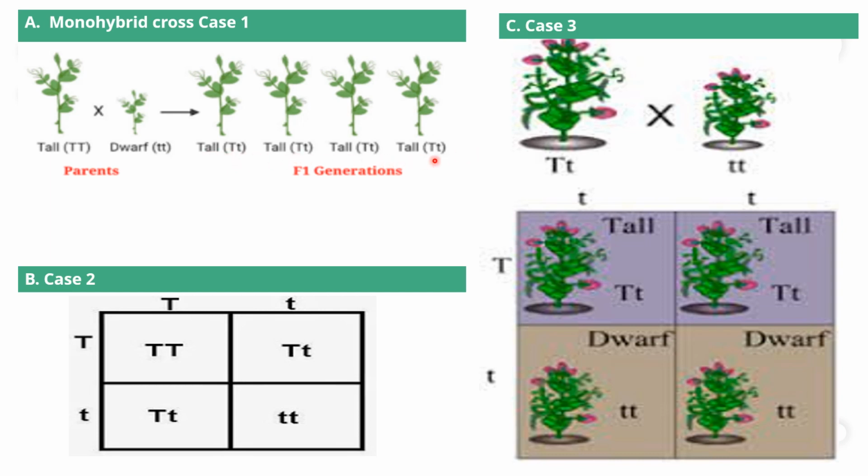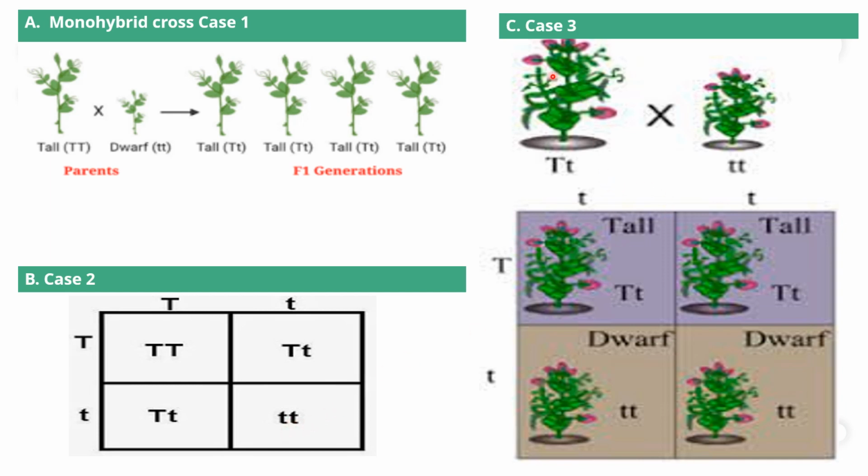Then in case 2, the parents will be heterozygous. Can you say in this case what is the genotypic and phenotypic ratio? When the parents are heterozygous dominant, then the phenotypic ratio will be 3:1. Then the genotypic ratio is 1:2:1. Right? This we already mentioned.